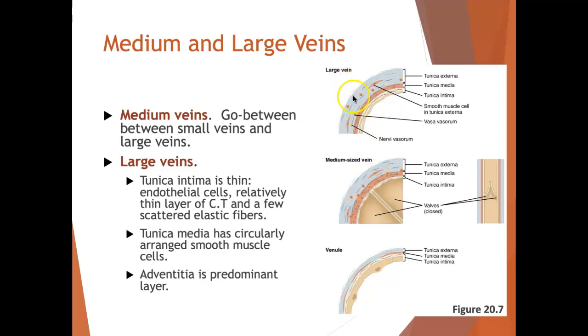You can see that the tunica externa is what is largest when it comes to our veins, whereas the tunica media is thin with our endothelial cells, and we don't have a lot of connective tissue and just a few elastic fibers in there.